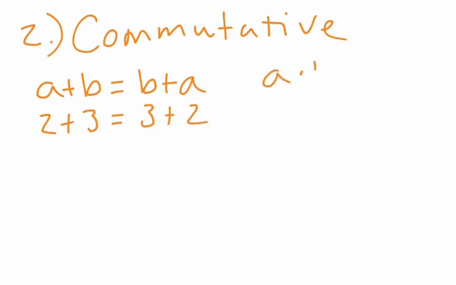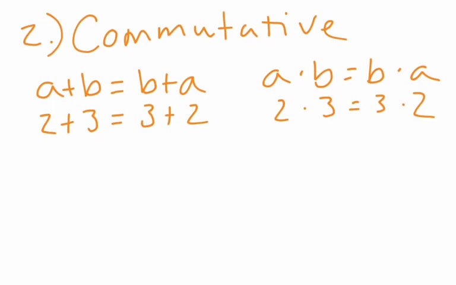It also works with multiplication. So 2 times 3 is the same as 3 times 2. It does not work with subtraction or division. And so we would say adding is commutative and multiplying is commutative, but not division and not subtraction. 2 minus 3 is not the same as 3 minus 2. So commutativity works for adding and multiplying.